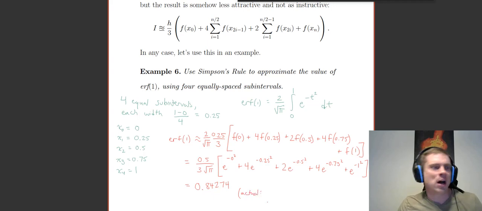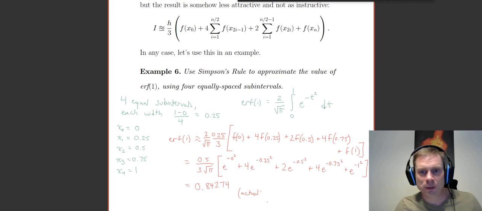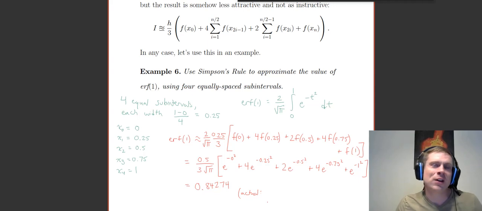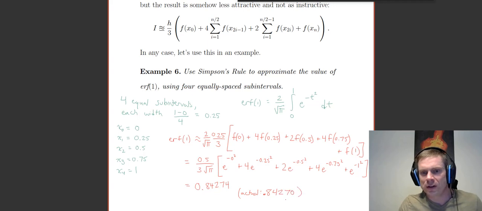If you jump onto a math tool and actually evaluate this, it's funny because a lot of these programs, like Maple or Wolfram or different kinds of mathematical software, are really using numerical techniques to get a better approximation, right? Because all we're able to do is really approximate it. But I get an actual result there, as close to actual as we can get, of 0.84270. Again, really good.